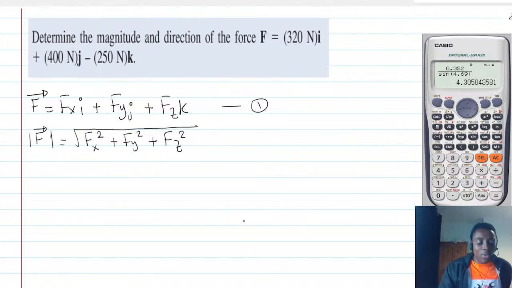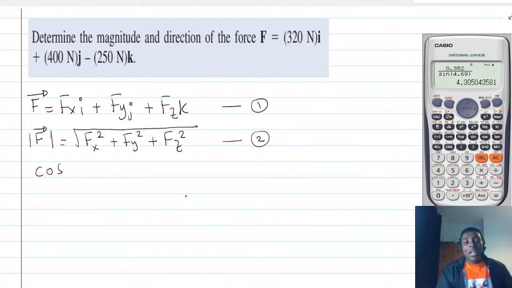So now this is how you are going to do this one. Oh no, but wait, this is equation 2. There is another equation which we need to know, and that is that we call something directional cosines.